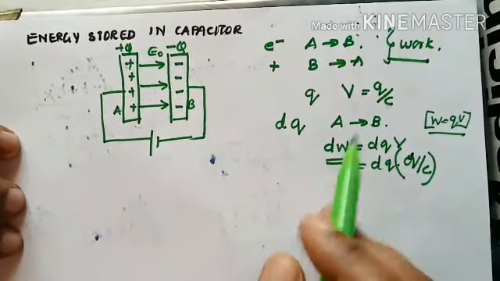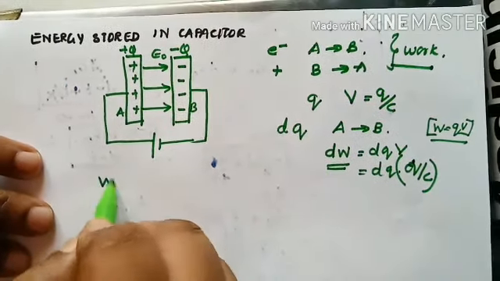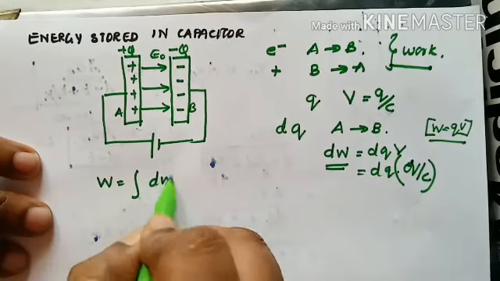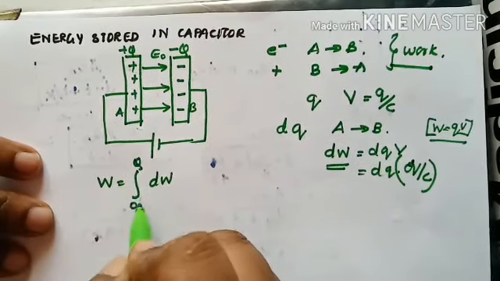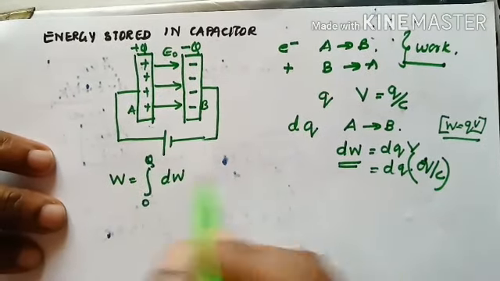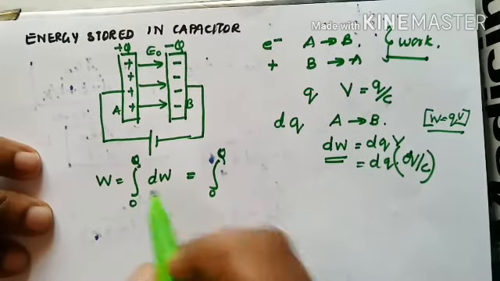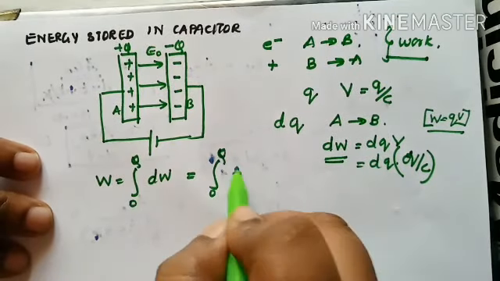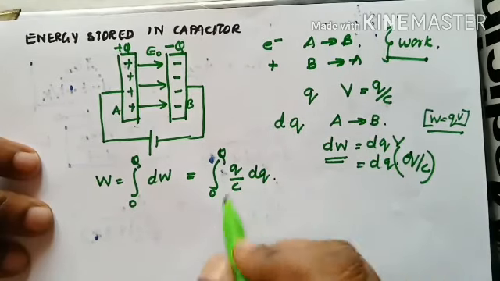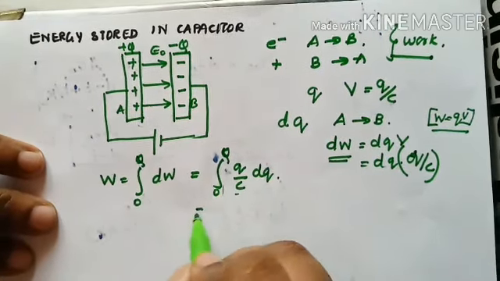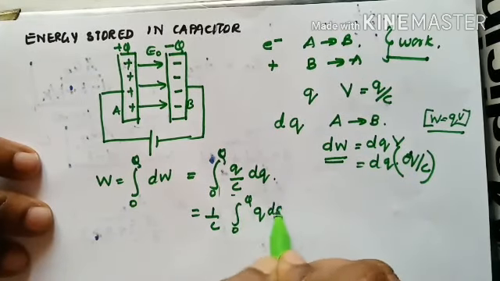Now if I am going to move a large charge, W is the integral of dW, and the charge can vary from 0 to the total charge Q. Integrated from 0 to Q, in place of dW I will write this expression, Q by C dq. Out of this, 1 by C is a constant, so I will write it outside: 1 by C integral of Q dq.